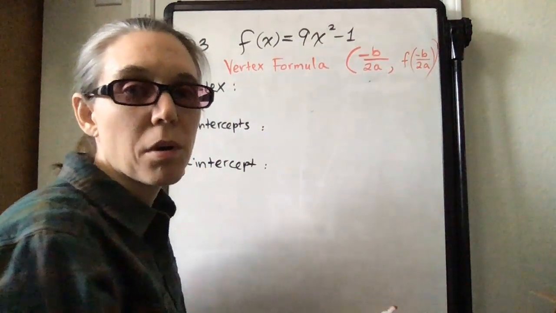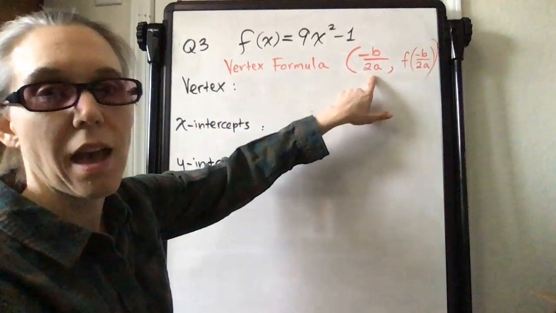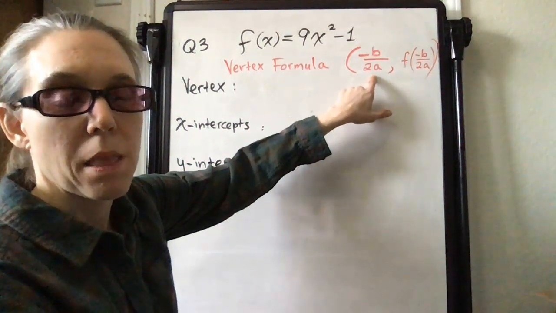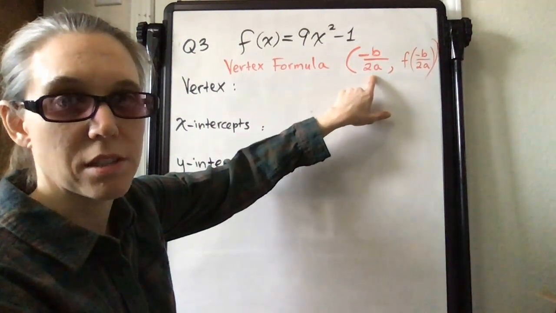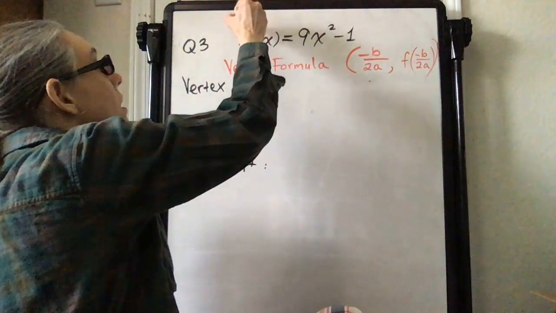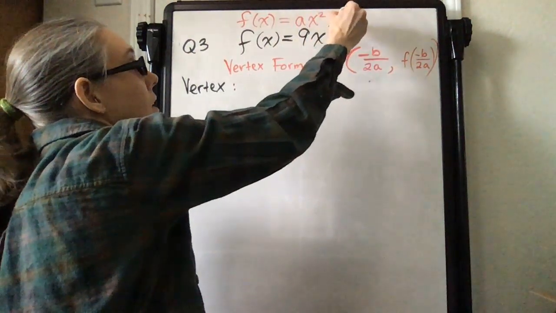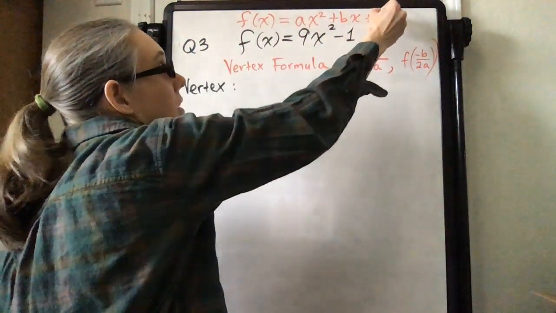So really, the only part of the formula you need to pay attention to is how do you find the x-coordinate of the vertex. So what we want to do is identify a, b, and c. Remember that the form is ax squared plus bx plus c.